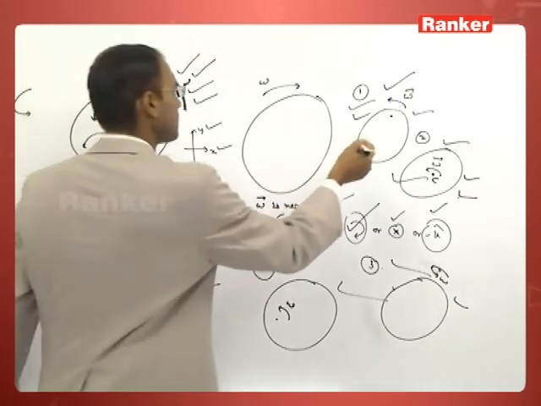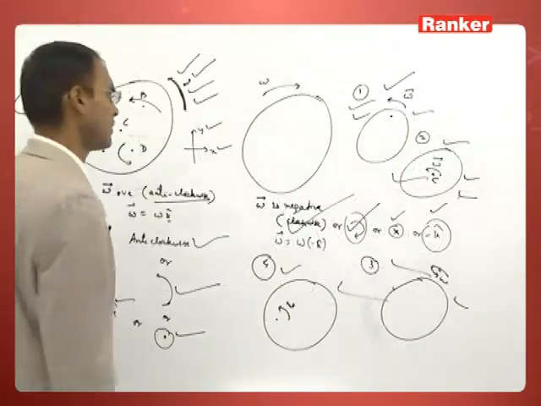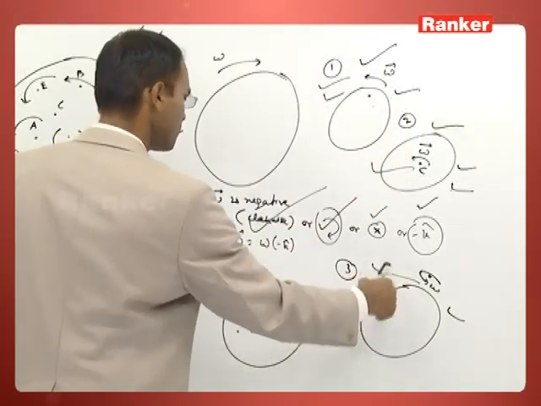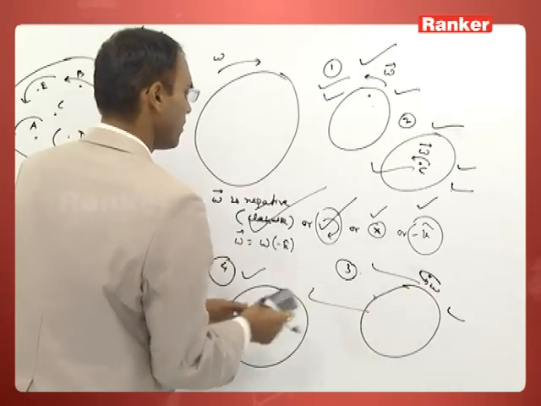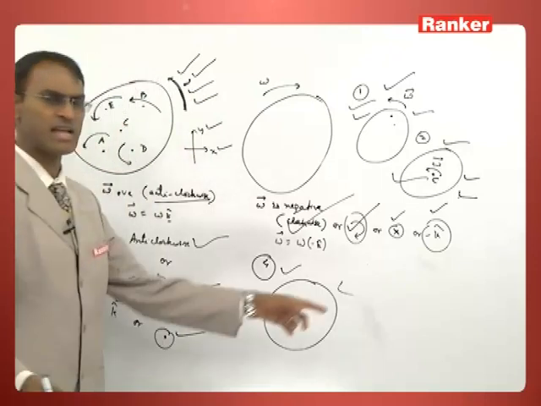However, you should give the correct sense. Sense is anticlockwise. So you can go for this or this or this. If you give this also, it is correct, but we don't prefer it. It doesn't look nice.